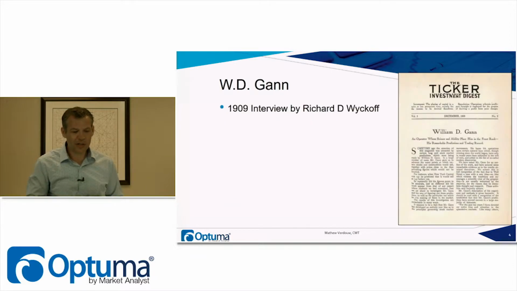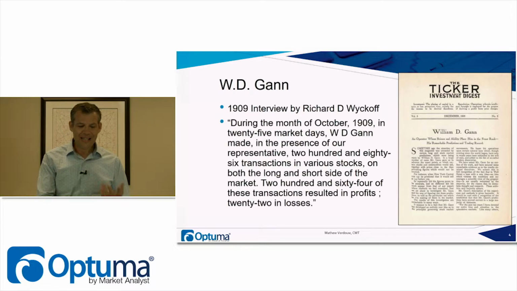All right, continuing on, there was a 1909 interview done by Richard Wyckoff for the Ticker and Investment Digest. In that interview, this is what Richard Wyckoff said: during the month of October, in 25 trading days, so probably 5 weeks, Gann made in our presence 286 transactions in various stocks, both on the long and short side of the market. 264 of these transactions resulted in profits and 22 in losses.